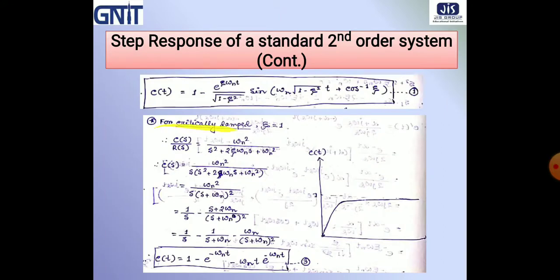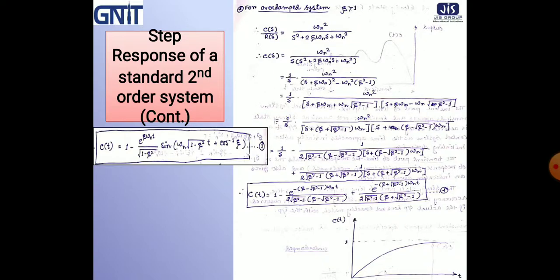And for critically damped, that means zeta is equal to 1, the step response will be like this, and the response will be like that. So this is our step response of a standard second order critically damped system.